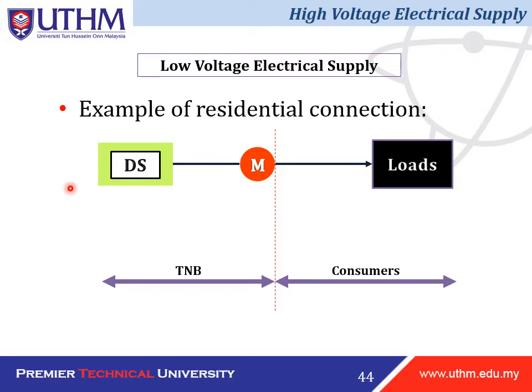This is the example of a residential connection. This is the distribution substation, this is the meter, and this is the load. From the distribution substation to the meter is from TNB, and the loads are from the customer.